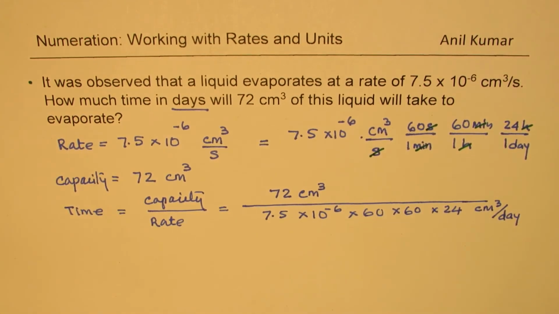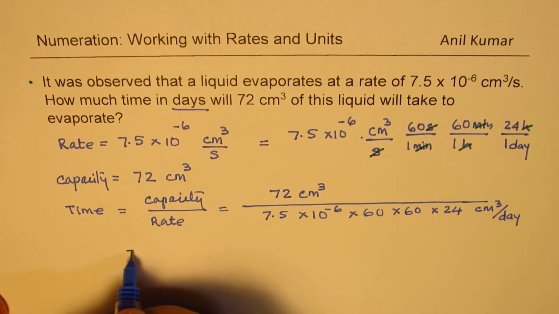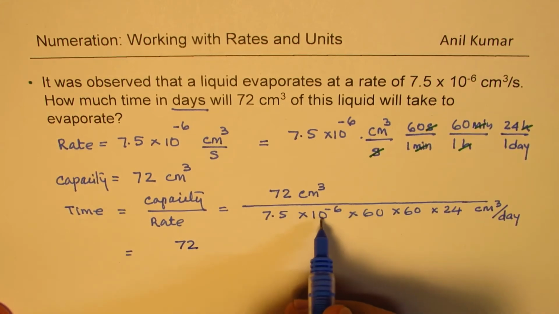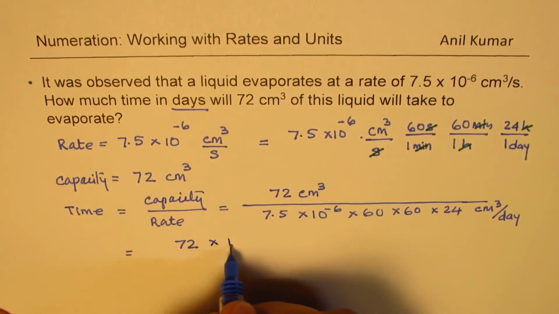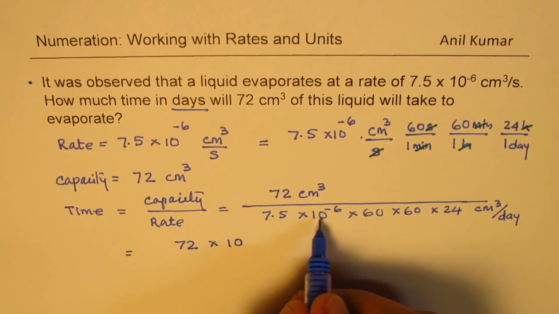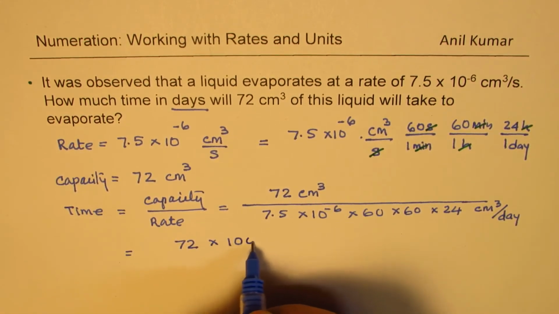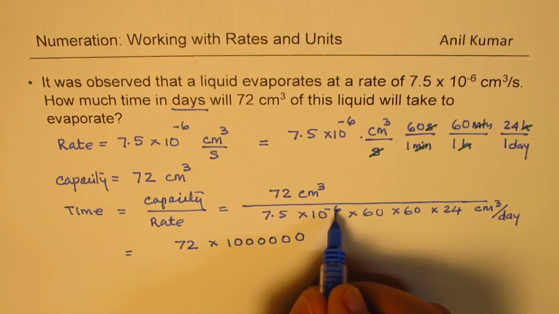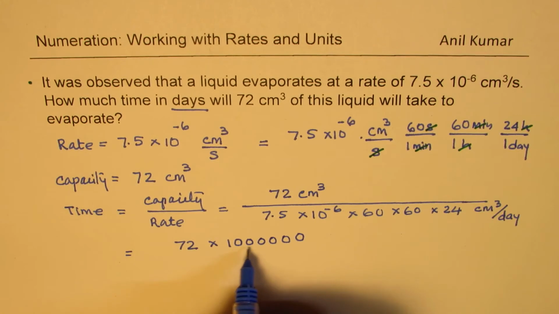Is this clear? Let me rewrite this one more step. I'll write this as 72 over 10 to the power of minus 6, which I'll write as 10 to the power of 6 on the top, which basically means 6 zeros: 1, 2, 3, 4, 5, 6. That is 1 million.